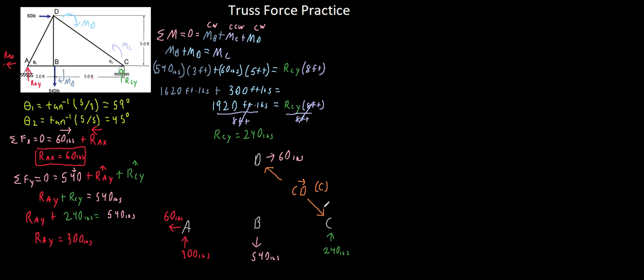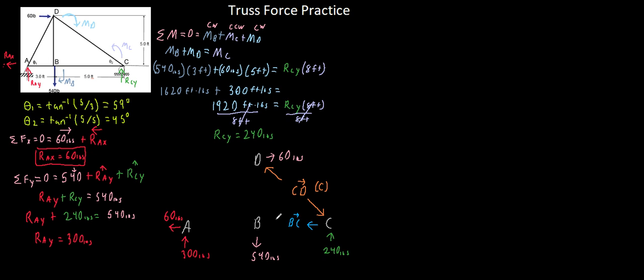And you can see the Y component of CD will be canceled out by this 240 pounds. But what about the X component of CD? Well, that'll be canceled out by BC, because we have another member coming out of joint C, just member BC. And if it's being pulled to the left to cancel out this rightward force at joint C, the member itself has to cancel itself out.